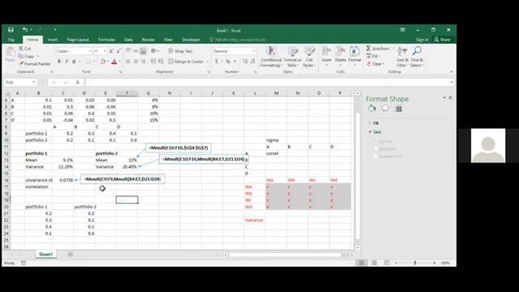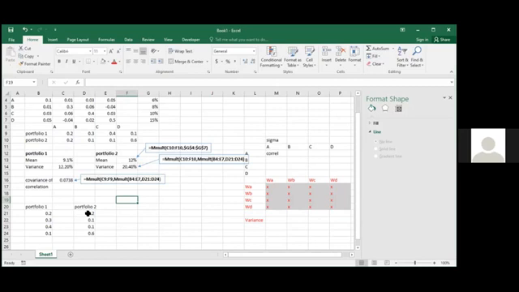Now we consider the covariance of the two portfolios. We take MMULT C9 to F9, which means portfolio 1, then multiply by the MMULT of B4 to E7, the variance-covariance matrix, multiplied by D21 to D24.